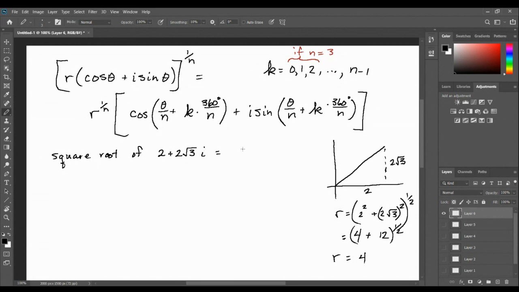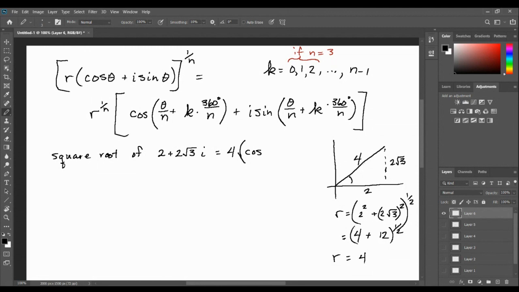So 2 plus 2 root 3i would be 4 times cosine. I need theta. Notice, this is going to be weird. This was 4.